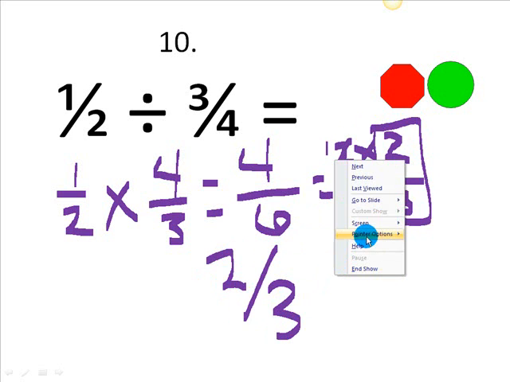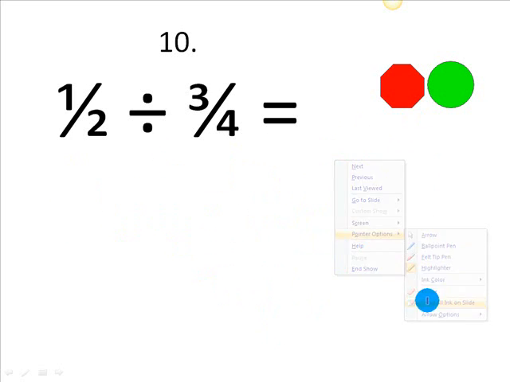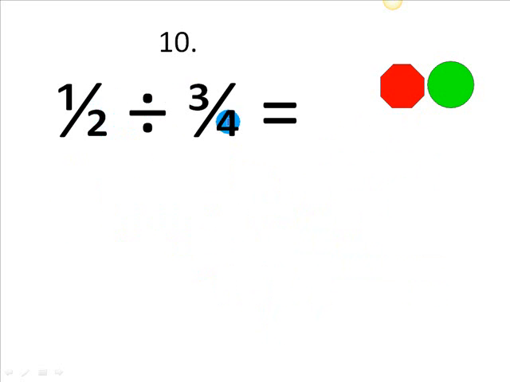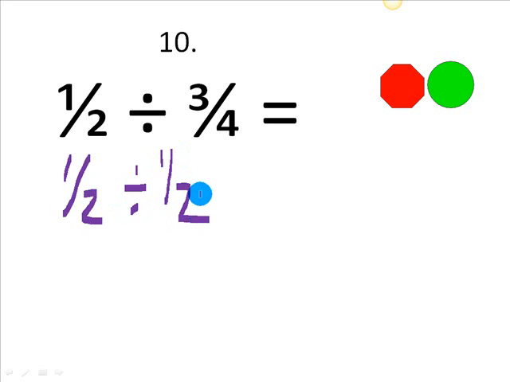All right, let me show you a quick proof of why that works. We have 1/2 divided by 3/4. Well, let's just use this as an example: 1/2 divided by 1/2. Intuitively, you know that 1/2 will go into 1/2 exactly one time. But look what happens.